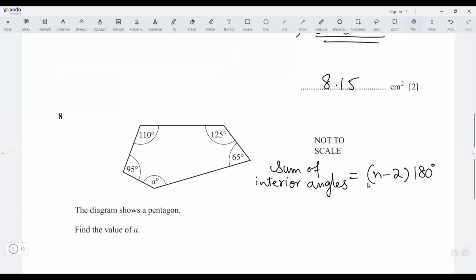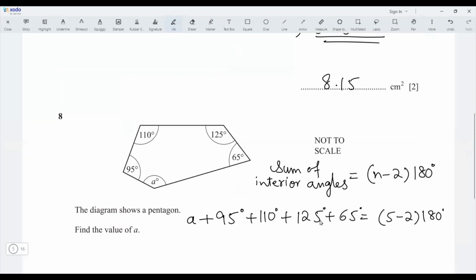In this case, n must be 5, and the sum of interior angles is A plus 95 degrees plus 110 degrees plus 125 degrees plus 65 degrees. It must be equal to n minus 2 times 180 degrees, where n is 5.